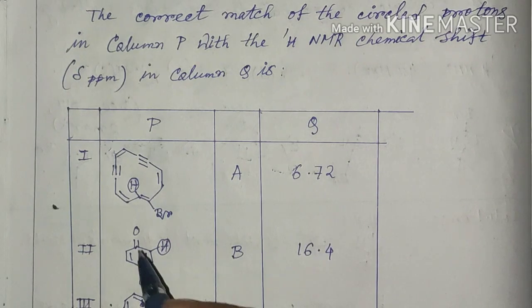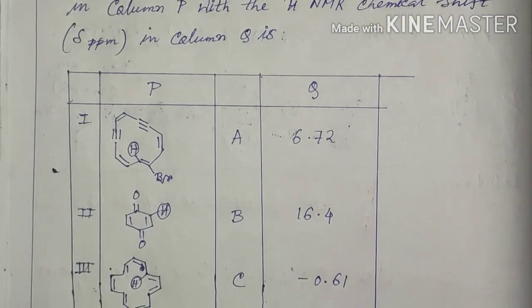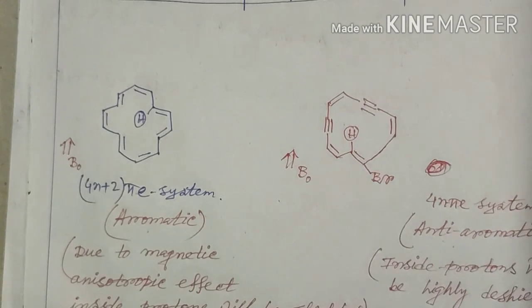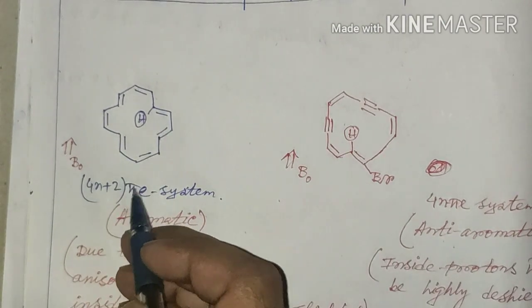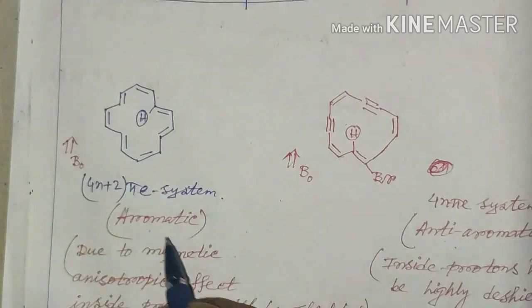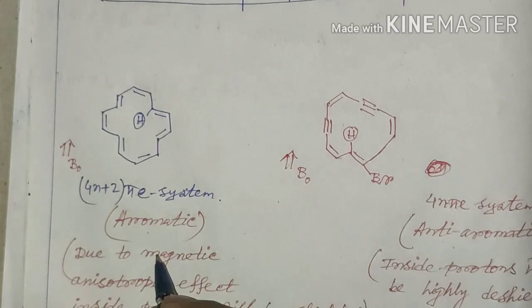We have to match the delta value for the circled proton. Now in structure number 3, from the number of pi electrons, we can see that this is a 4n plus 2 pi electron system and this is an aromatic system.